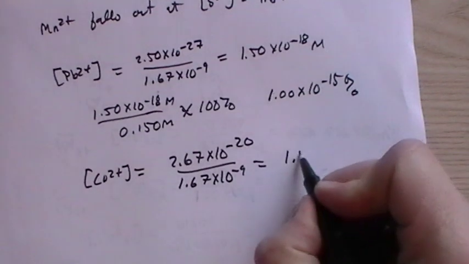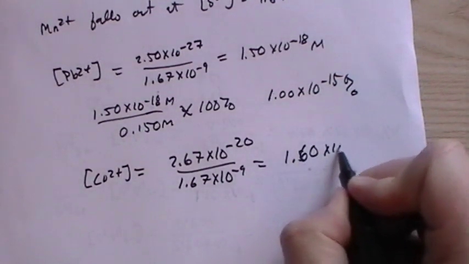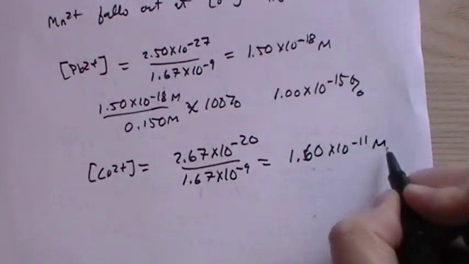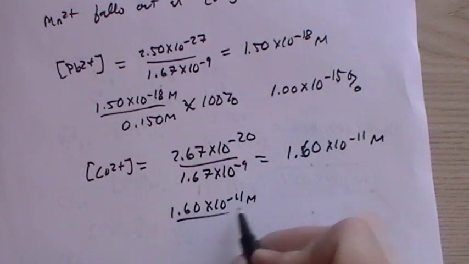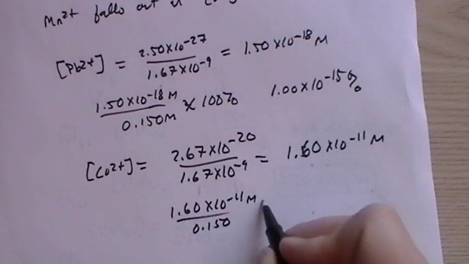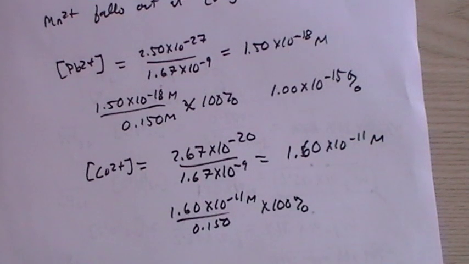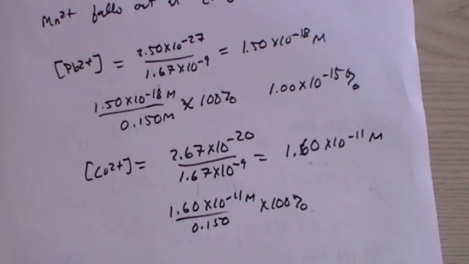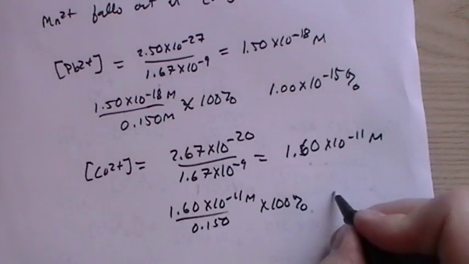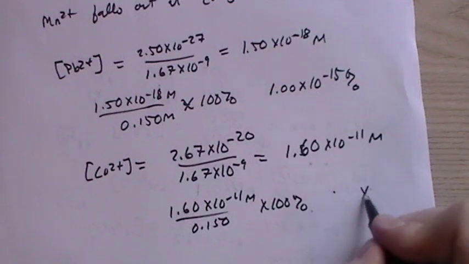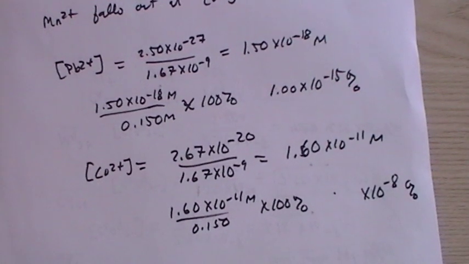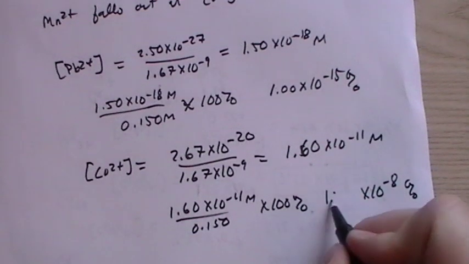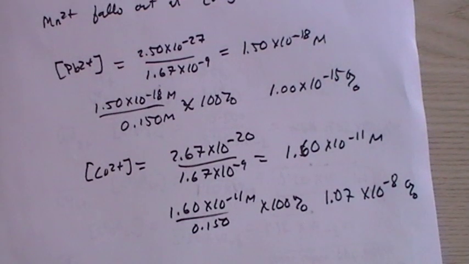This comes up to be 1.60 times 10 to the minus 11 molar. 1.60 times 10 to the minus 11 molar divided by our original value times 100% gives 1.07 times 10 to the minus 8%.